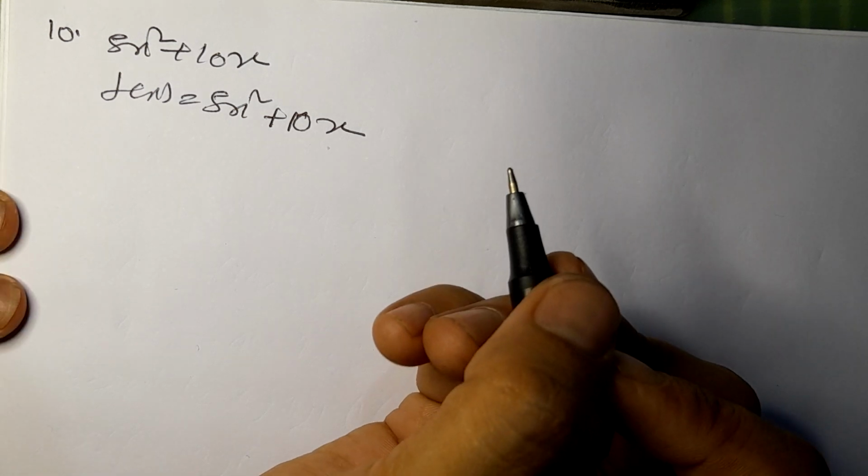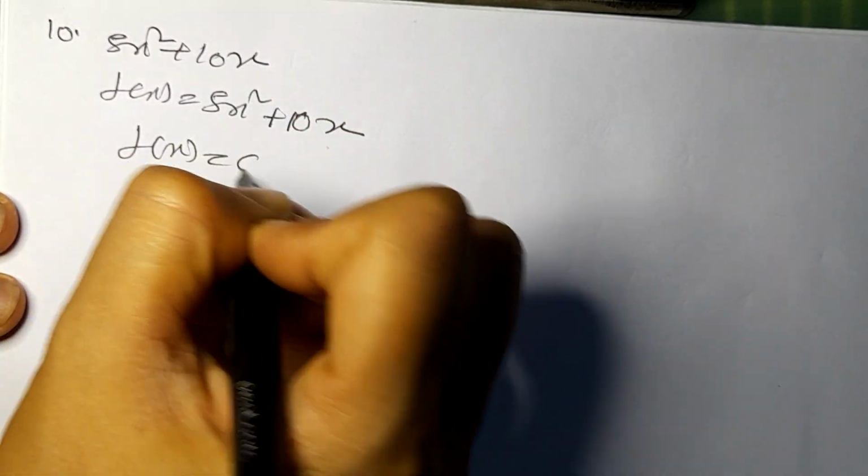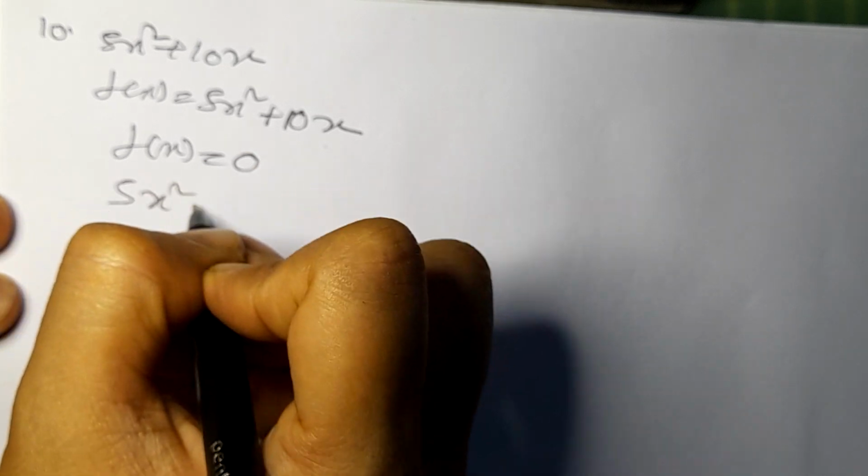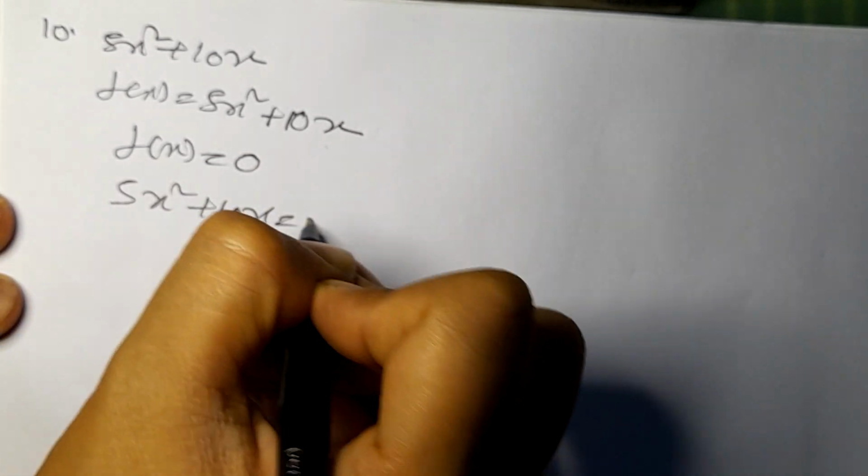So f of x is equal to 5x square plus 10x. So it will be f of x is equal to 0. So 5x square plus 10x equal to 0.